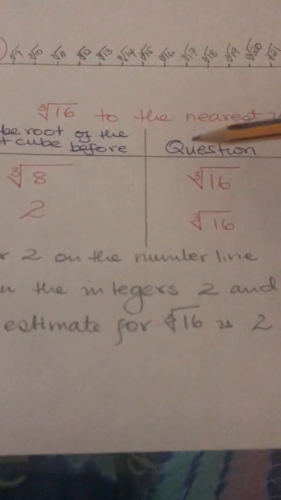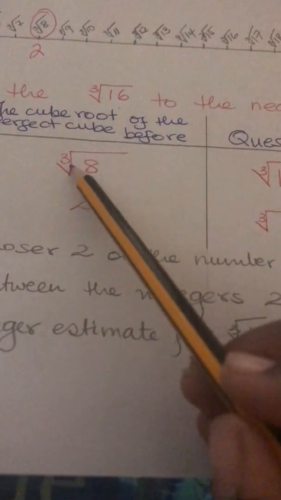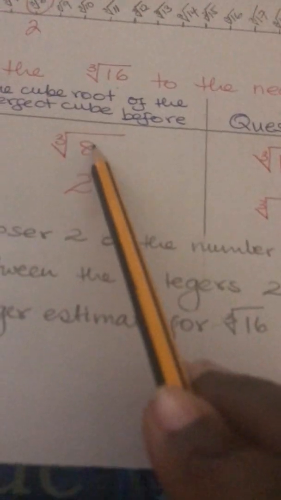Okay? So I want to estimate the cube root of 16 to the nearest integer. I do the same thing. I put the question in the middle. I choose the perfect cube before and the perfect cube after. This number will always be less than the question. This number should always be bigger than the question. All right. The cube root of 8 is 2.